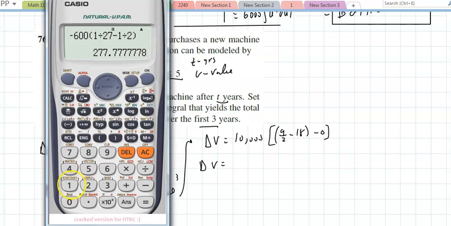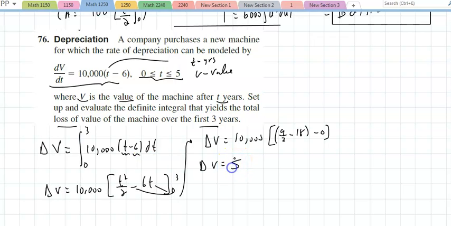Why should I? 10,000 times 9 halves minus 18. The change of value is going to be negative $135,000.